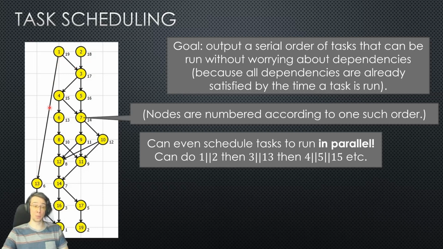So for the edge from 1 to 13, we decrement indegree 13. Once we've done that, we search for all of the nodes that have indegree 0 in the indegree array. We schedule all of those tasks to run in parallel, and then we look at all of their outgoing pointers and decrement the indegrees of all of the nodes that they point to.